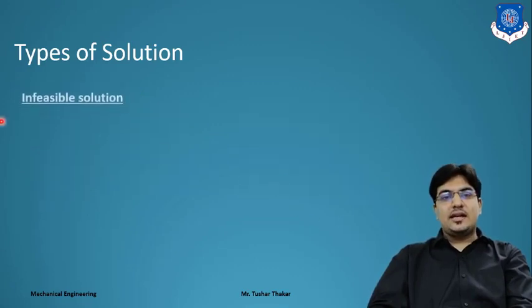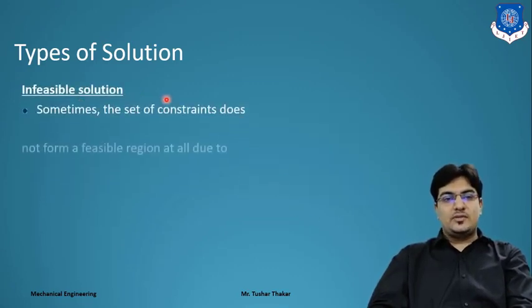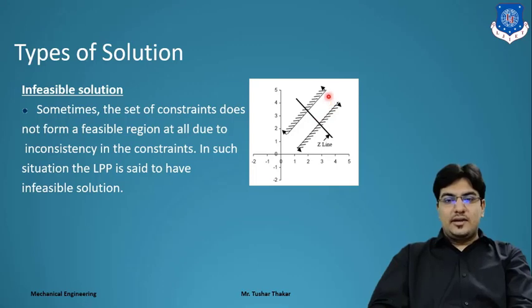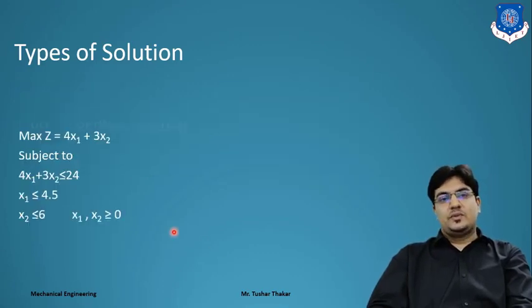The next one is the infeasible solution, meaning sometimes the set of constraints does not form a feasible region, one equation having a minimization and one equation having a maximization, so we haven't got any feasible region over here. That is known as an infeasible solution.